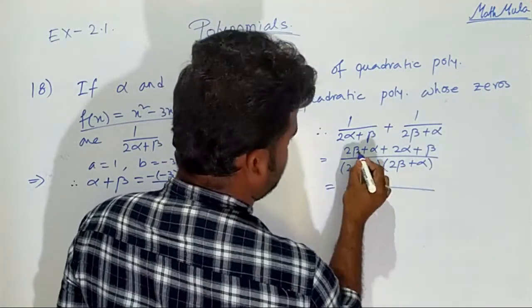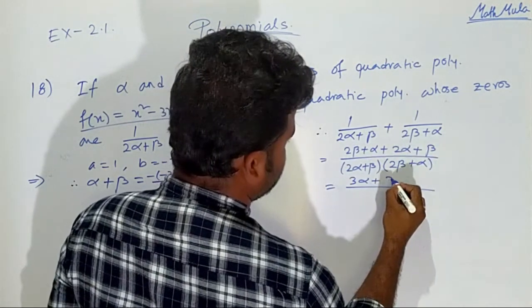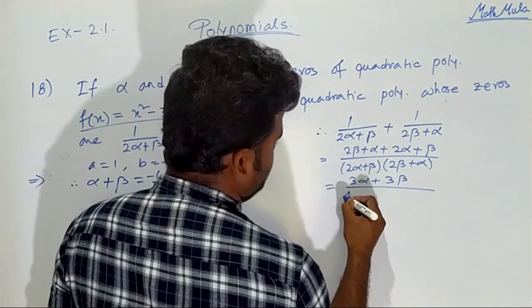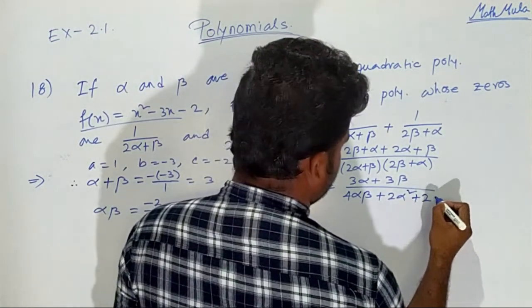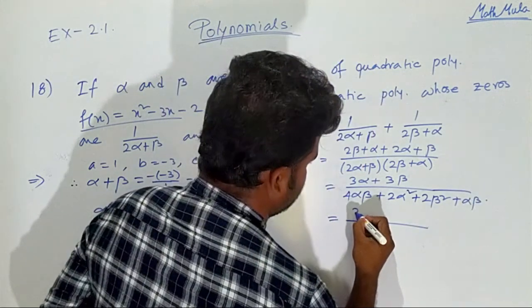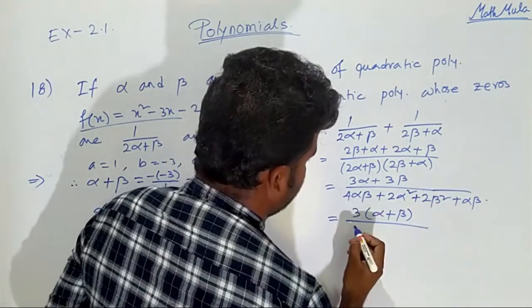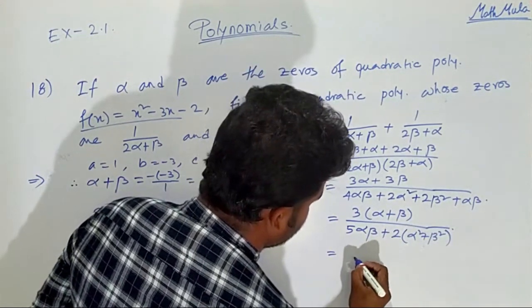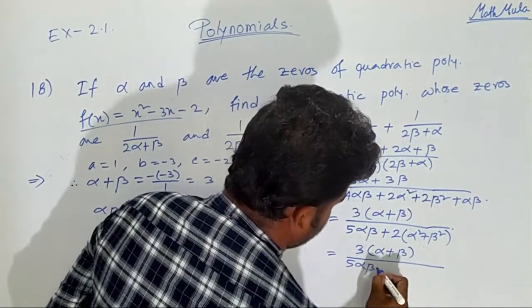Now this is equal to alpha plus 2 alpha, that is 3 alpha, and 2 beta plus beta, that is 3 beta, and the denominator 2 alpha into 2 beta, that is 4 alpha beta, plus 2 alpha square plus 2 beta square plus alpha beta. Now 3 of alpha plus beta, 4 alpha beta plus alpha beta, that is 5 alpha beta plus. Now this is equal to 3 alpha plus beta and 5 alpha beta plus.